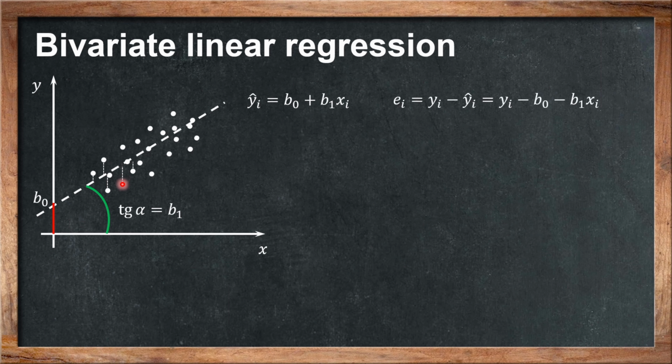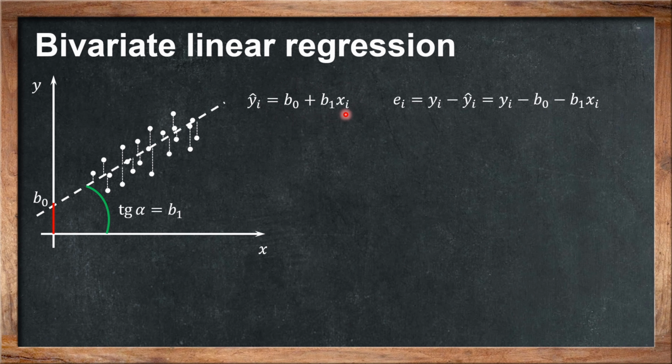You see, all these differences are our residuals, and we denote the residual e sub i as the difference between y sub i minus y hat sub i, which is our modeled y. And this is also equivalent to writing y sub i minus b0 minus b1 x sub i, since y hat sub i is equal to this expression we touched before.